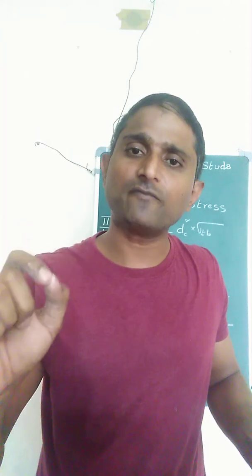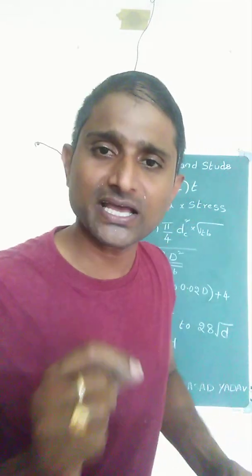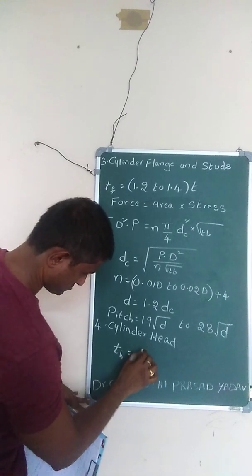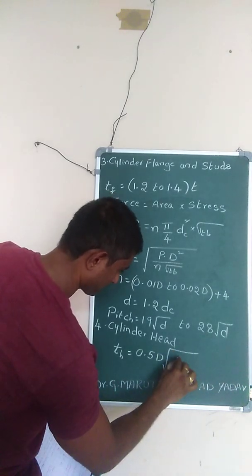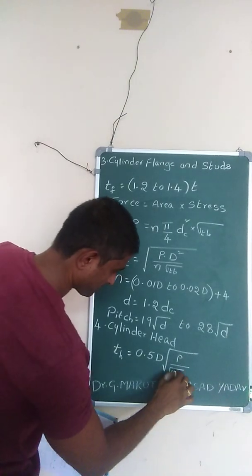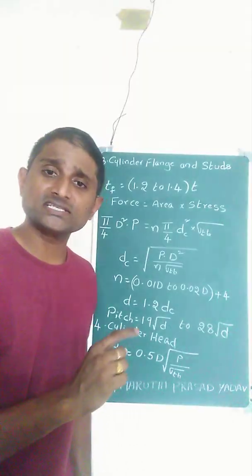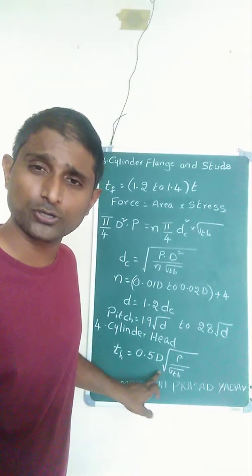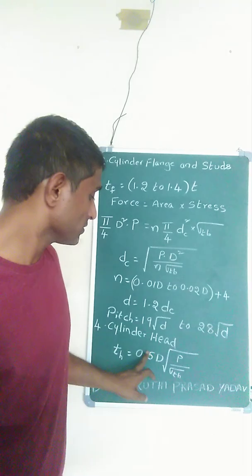I repeat, page number 15.5, equation number 15.9, cylinder head thickness is given as T suffix H equals 0.5 into capital D, square root of P by sigma suffix TH.